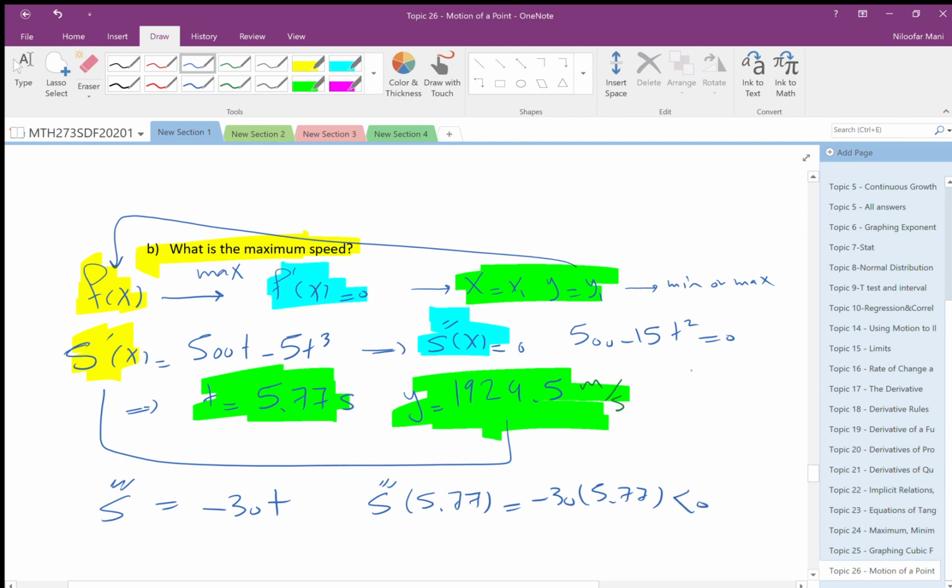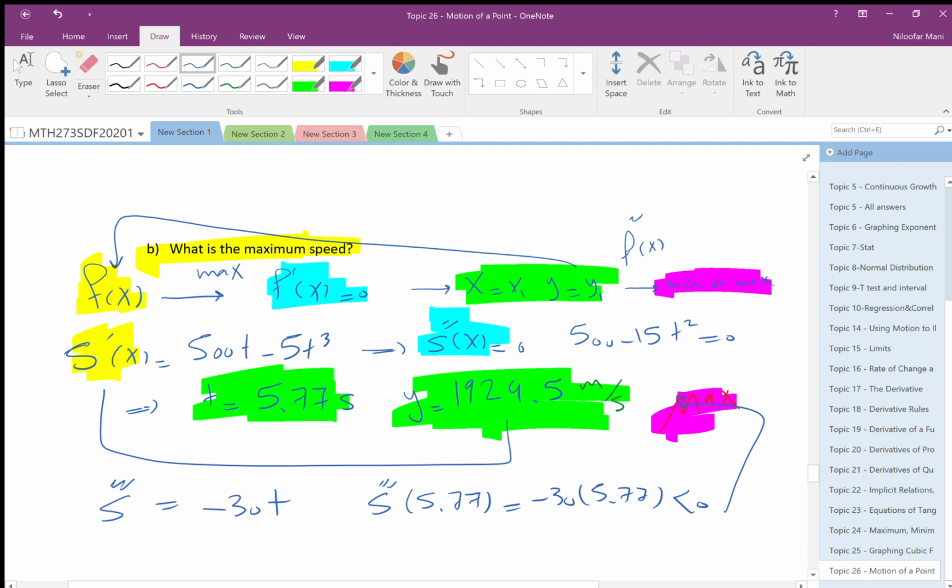Therefore, this is maximum. Now this one is the same as this one. For a function, first I go to f prime, I set it equal to 0, then I go to f double prime, and I say maximum or minimum.